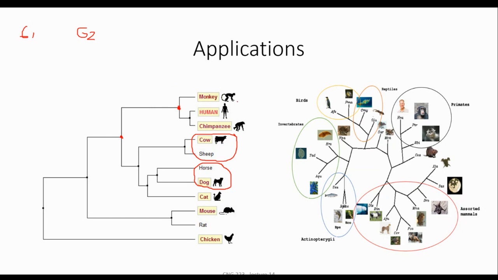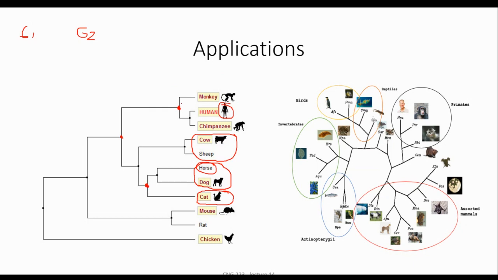So if I say, based on this tree, is cat more similar to humans or a horse? Or which one of these three are closer or similar to each other? As you can see, the parent of both horse and cat is the same here.